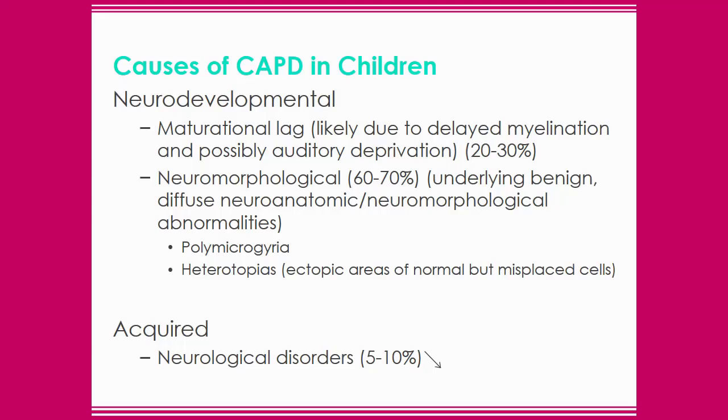These are underlying benign, diffuse neuroanatomic or neuromorphological abnormalities such as polymicrogyria, in which we have misshaped smaller cells, or heterotopias, where we have cells that are normal, but they are in the wrong places in the brain. And then we have a very small fraction of children with CAPD who have acquired CAPD due to some type of neurological disorder. That's 5 to 10% of the population.